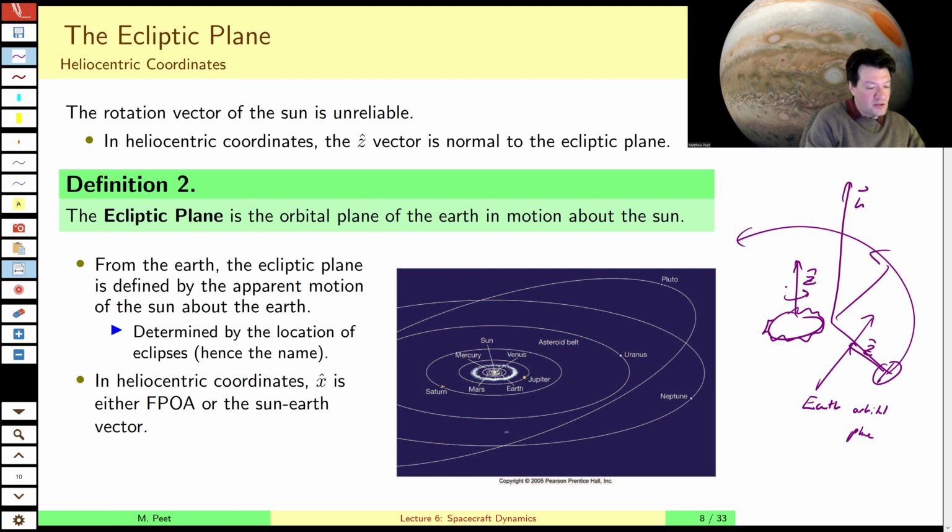So this is a reasonable vector, or plane, depending on how you think about it, because it's more or less the same orbital plane for all of the planets. So most of the planets move more or less in the same orbital plane as the Earth does. And so it minimizes transitions between coordinate systems as you move to different planets.